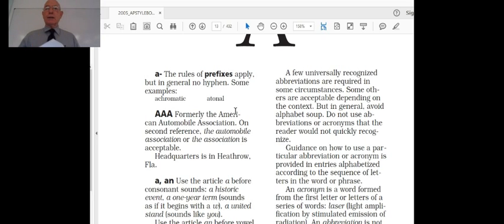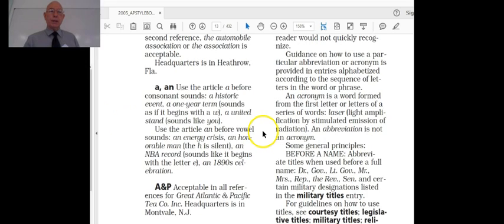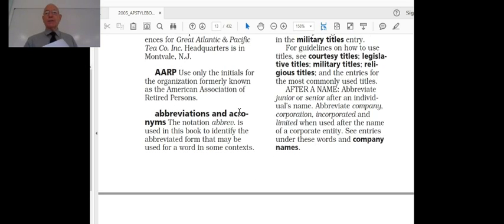Some of the rules, for example, I would have preferred if in our last presentation we'd gone a little bit more into the different rules that AP has specifically, not the generic punctuation rules, because AP has their own set of rules that control when to use commas and when to use brackets or parentheses and so forth. You have to have an idea of what to look for before you can really find anything.